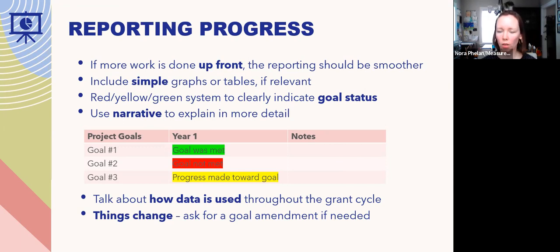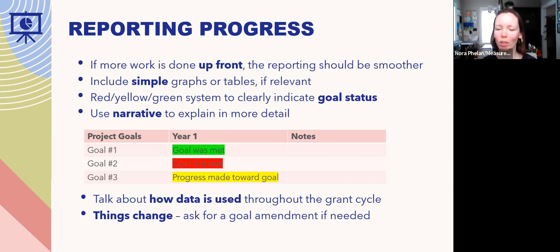Who's meeting? What kind of stakeholders is it being shared with, and what's happening once that data is looked at and discussed? And then also just to put out there that things change, and you can always ask for, well, I shouldn't say always, sorry, I'm not the funder.